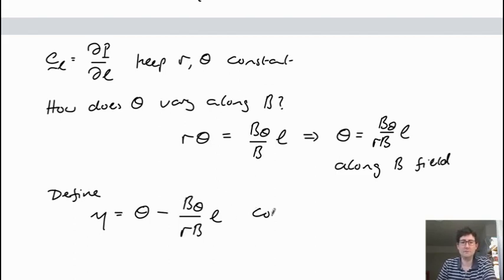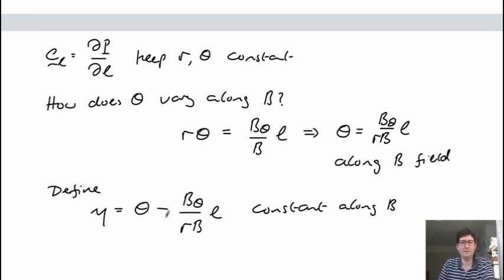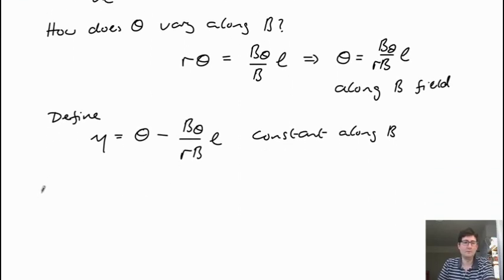And so now we have two coordinates which are constant along magnetic fields: the radius R, and a modified poloidal angle eta. And so we have coordinates R, eta, and L. So a radial coordinate, a poloidal angle, and a length along the field line.